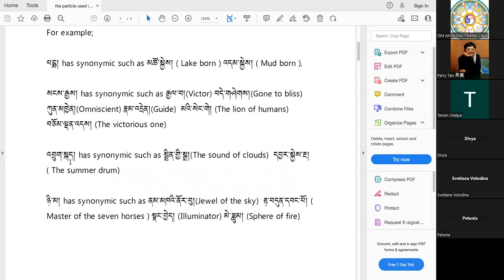For thunder, we have Trinke, the sound of clouds, because the thundering comes from the sound made by the clouds. Yarke, which is yar, the summer, so the sound that comes during the summer.